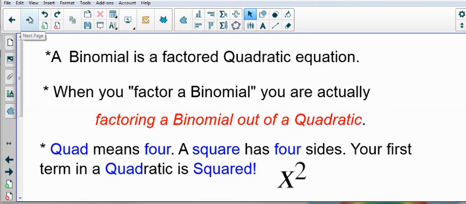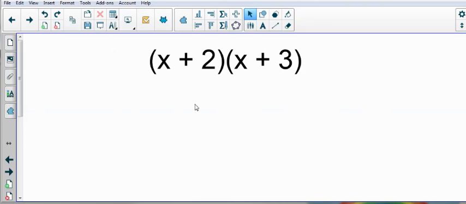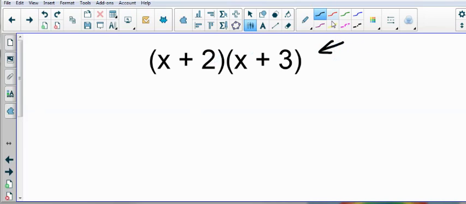Okay, so let's go ahead and start here. Let's remind ourselves of how we actually simplify a binomial. By simplifying the binomial, we're going to create a quadratic. And then that quadratic is what we will factor in order to come back to this. So remember, it's just repeated distributive property.